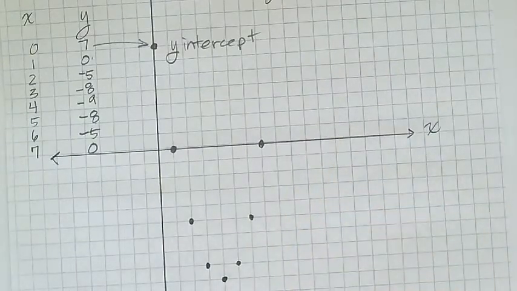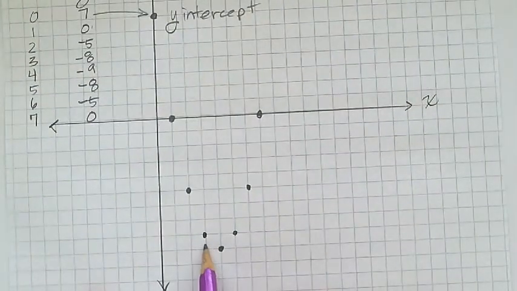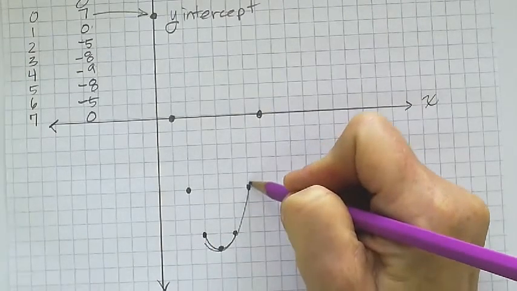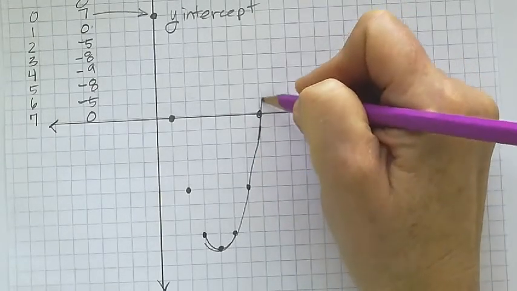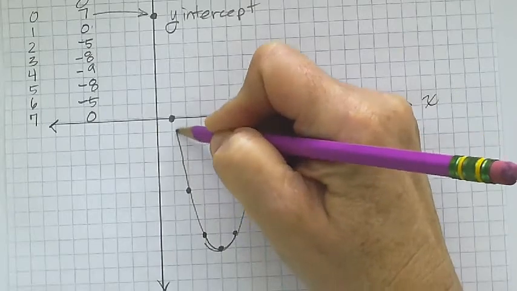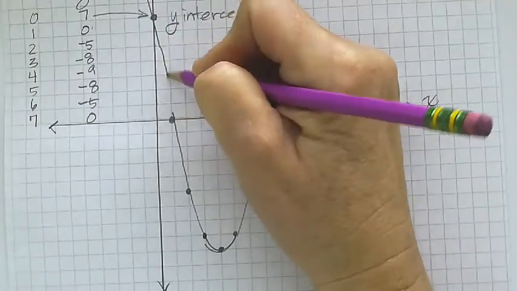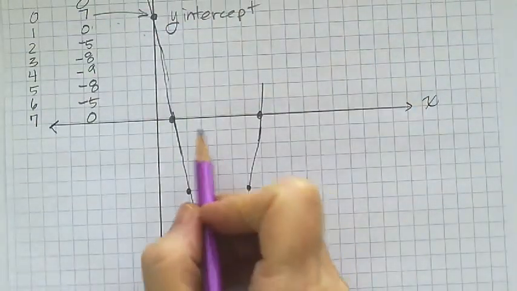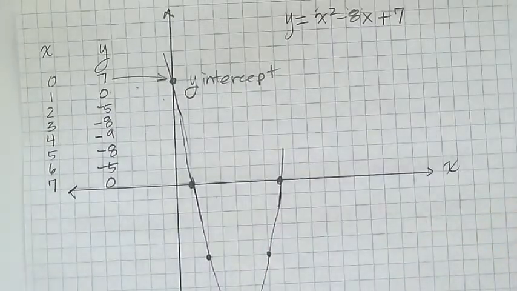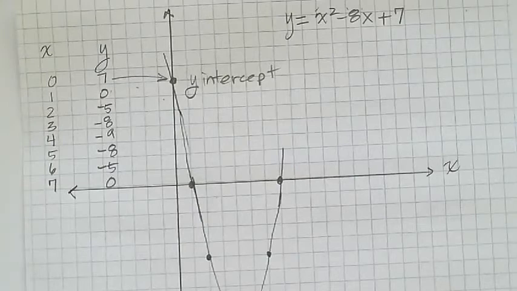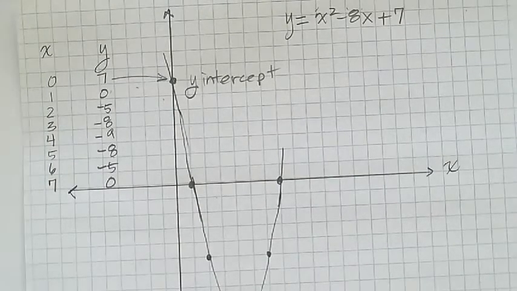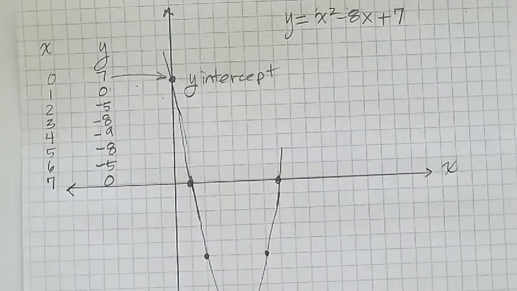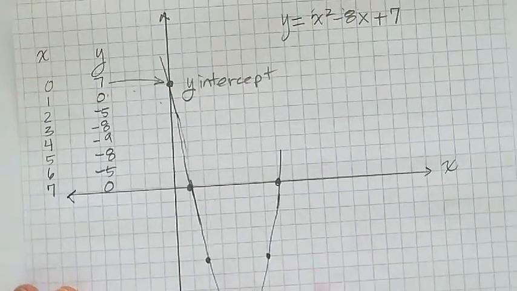Okay, so when I'm sketching these, I usually sketch the bottom of the curve or the top of the curve first, and then I kind of go from there. It's okay if it's not perfect. Okay, so let's label our x-intercepts. I'd like to grab a highlighter. If you have a highlighter at home, go ahead and get it. Let's highlight those x-intercepts.